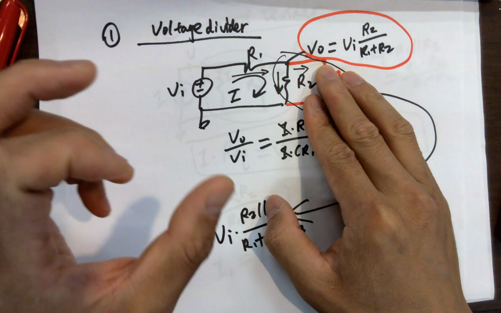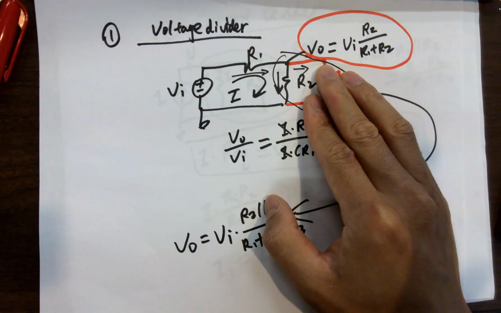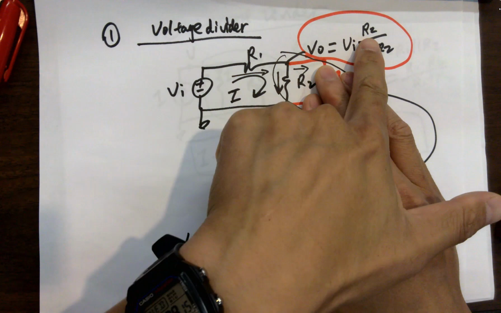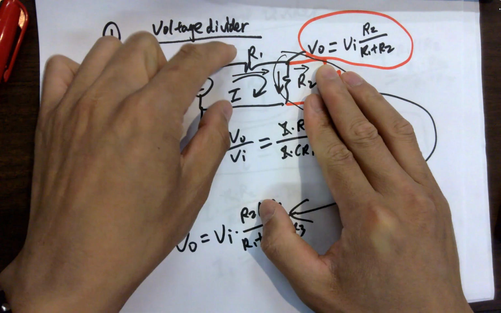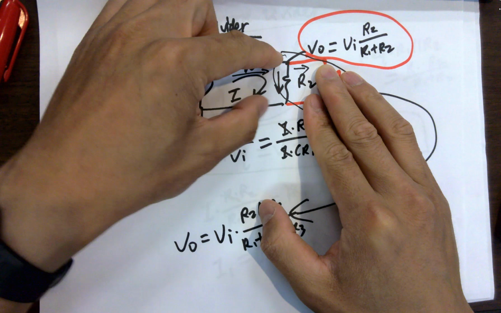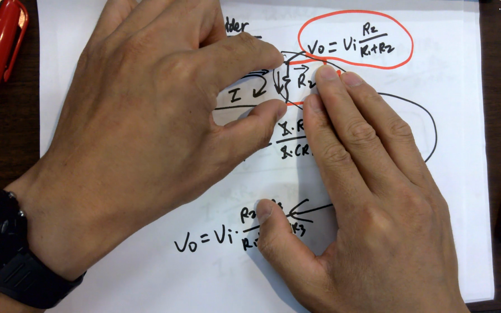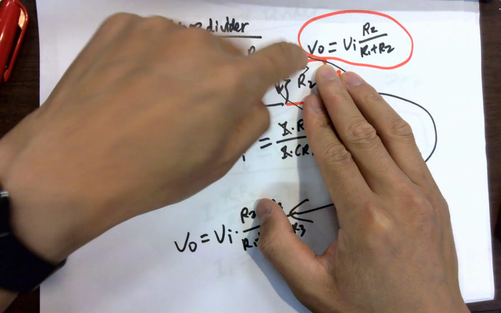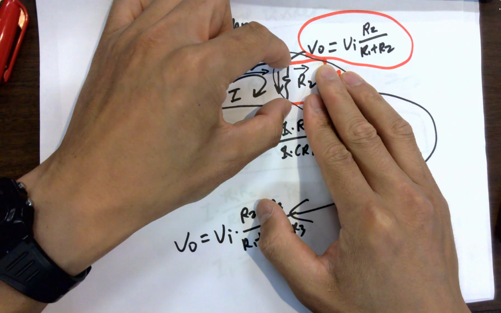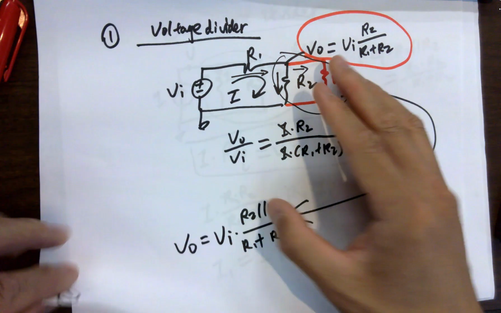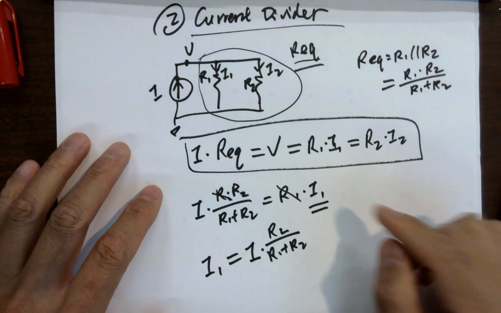Or the voltage ratio equals the resistance ratio, right? So R2, which is this node's resistance compared to ground, times I equals the voltage across it. Okay, for the current divider, it becomes different.